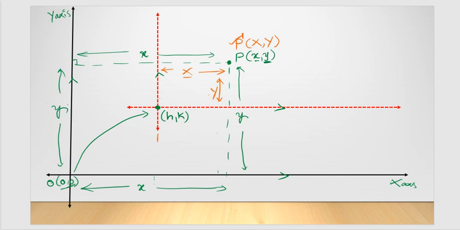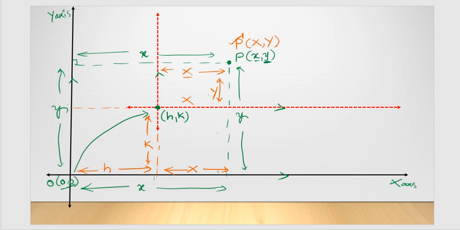Now if I extend this axis onto my original x axis and original y axis, this particular length is h and this particular length is k. This length also becomes capital X, because all are perpendicular to the same line.